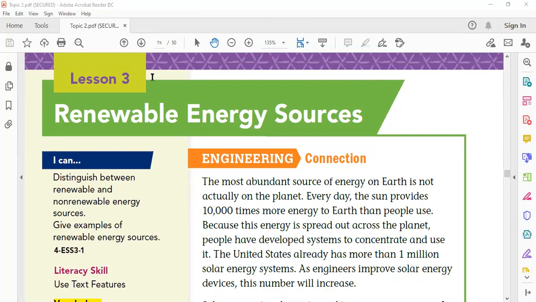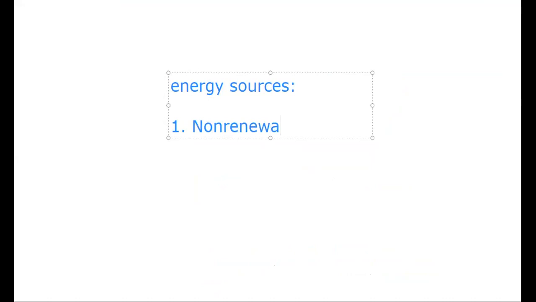First, as we learned at the beginning of this unit, energy sources can be divided into two types. The first type is called non-renewable energy sources.